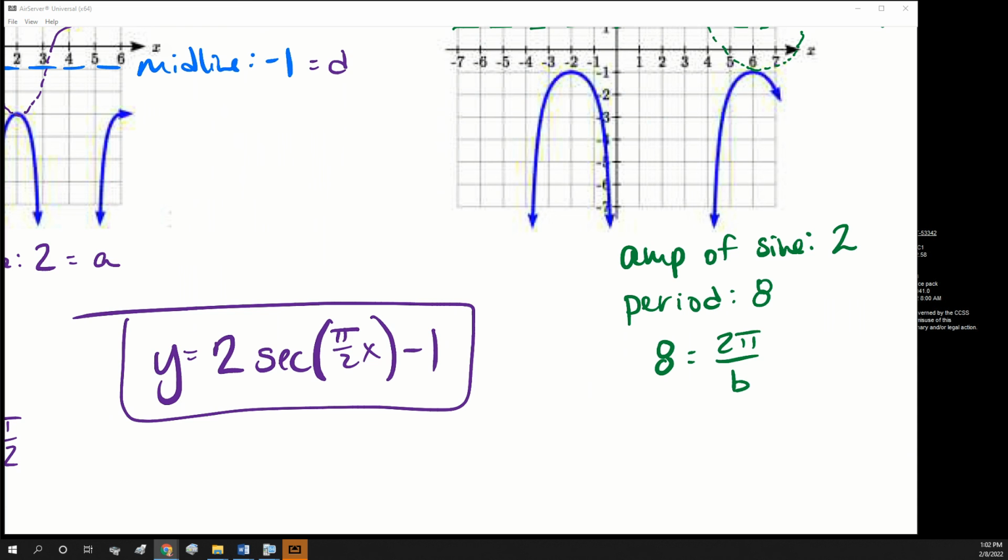I mean, they typically will put one of some kind of sine or cosine graph on the ACT. All right. So we have all the things we need. Why don't you guys try to use these things and write the equation of the cosecant graph, please?